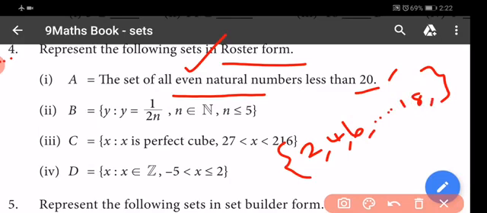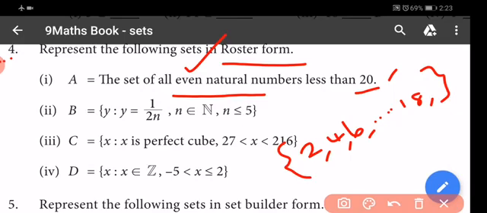Does 20 come or not? Less than 20 means up to 18. So 20 is omitted. Less than or equal to 20 means 20 is one of the elements. Here 20 is not an element.